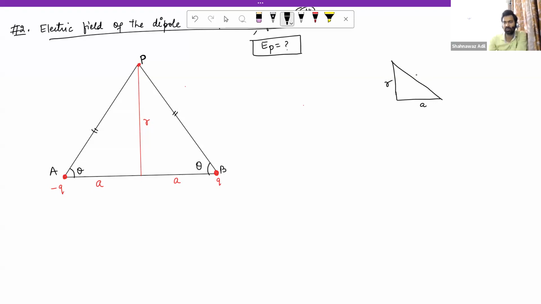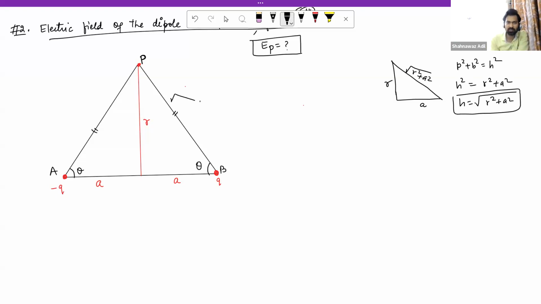So this is the root of R square plus A square.